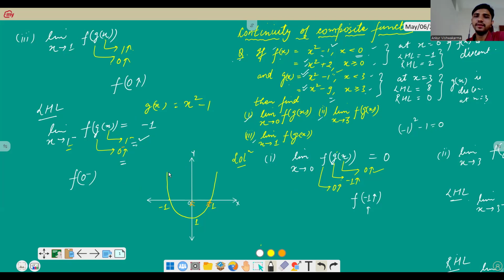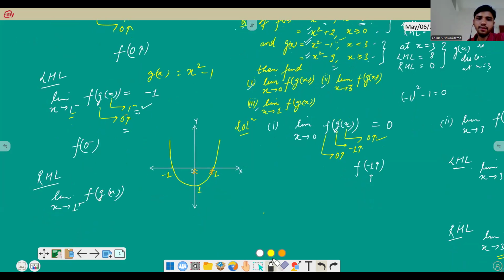So the left-hand limit is minus 1. Now let us check the RHL, right-hand limit: limit x tends to 1 plus f of g of x. When x tends towards 1 from the right-hand side, g(x) will tend towards 0 from the right-hand side. Why?